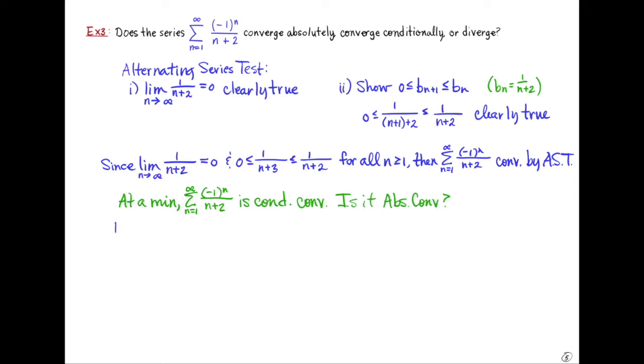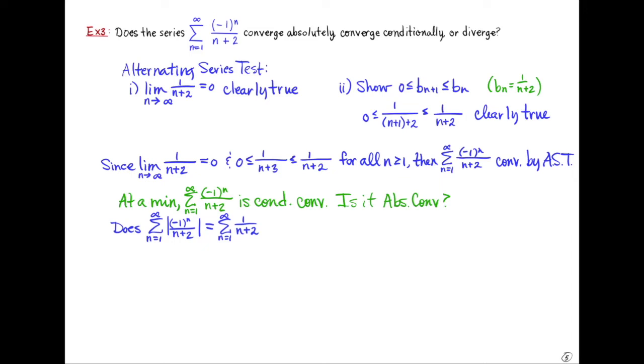Okay, so to determine the absolute convergence, we need to know if the sum from 1 to infinity of the absolute value of our alternating series, which is equal to the sum from n equals 1 to infinity of 1 over n plus 2, converges or diverges. If it converges, then we would say the alternating series is absolutely convergent. And if it diverges, then we would say the alternating series is conditionally convergent.